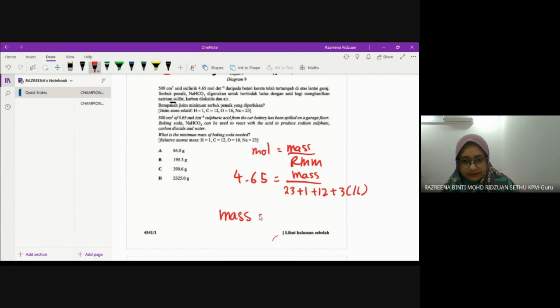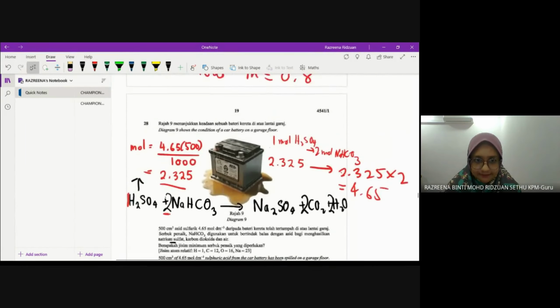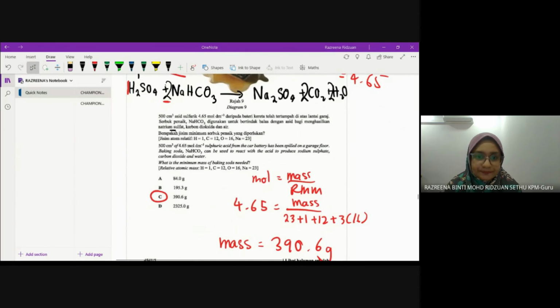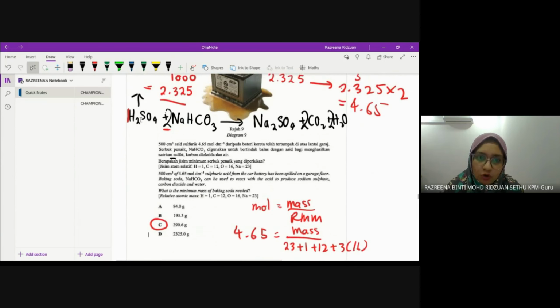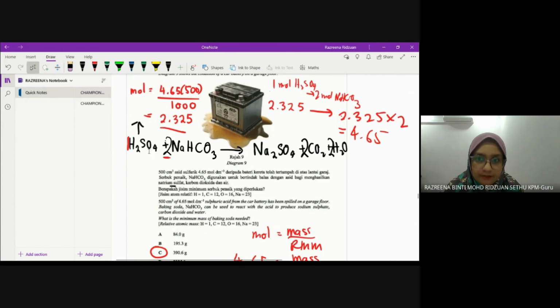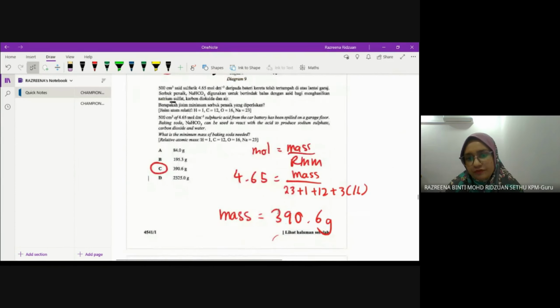So mass is 4.65 times 84, you get 390.6 gram. Answer is C. It's a bit complicated, but the good thing is they give you the chemical equation. Then you find the mole of acid first, then you compare, and then you find the mass of the baking soda.